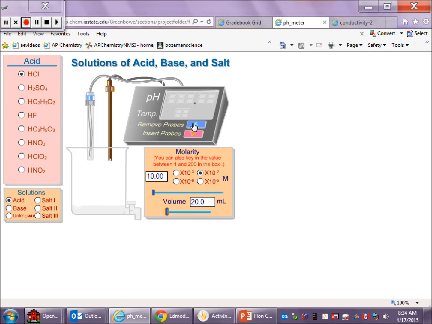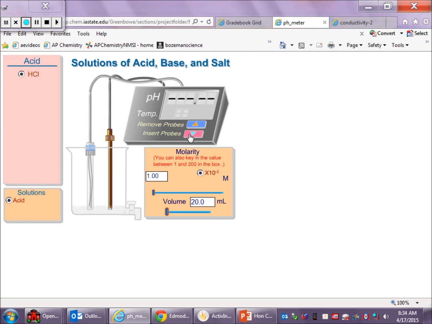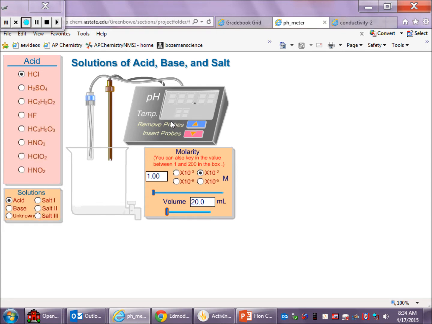Instead of 0.1, I'm going to use 0.01, which is the same thing as 1 times 10 to the negative 2. I insert my probes and check the pH. It is 1.99. Remove the probes. I dilute it again.